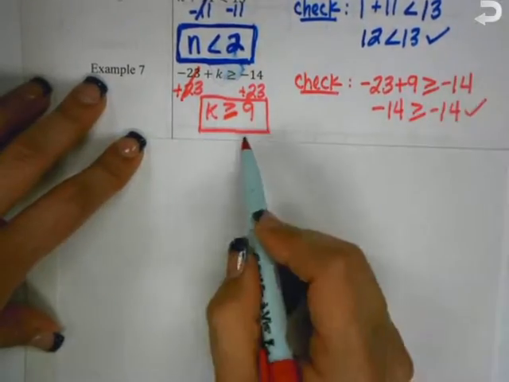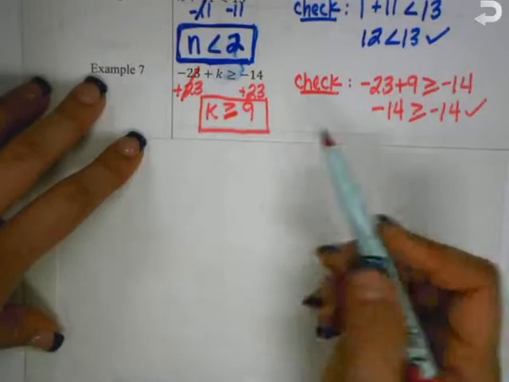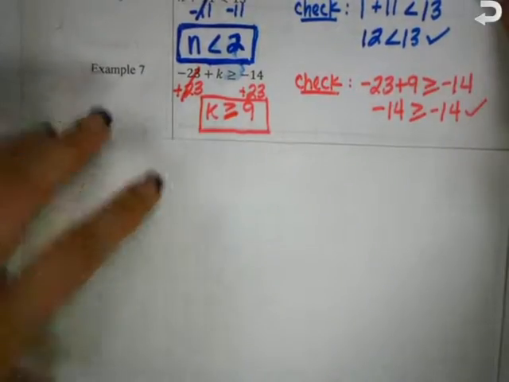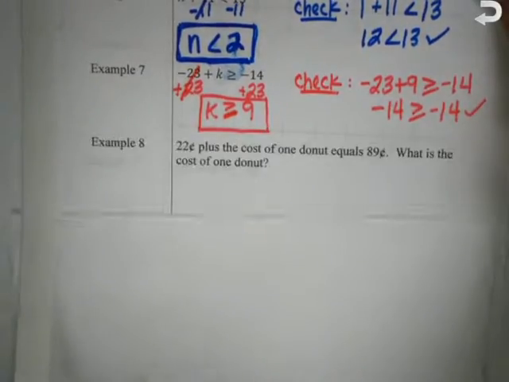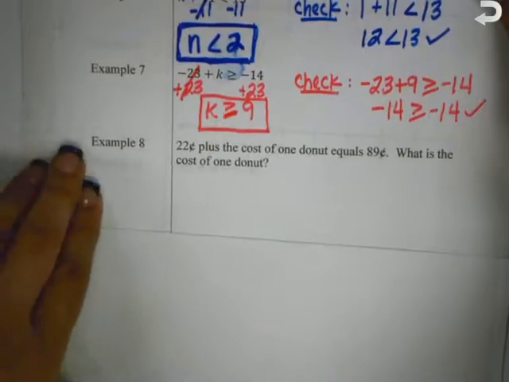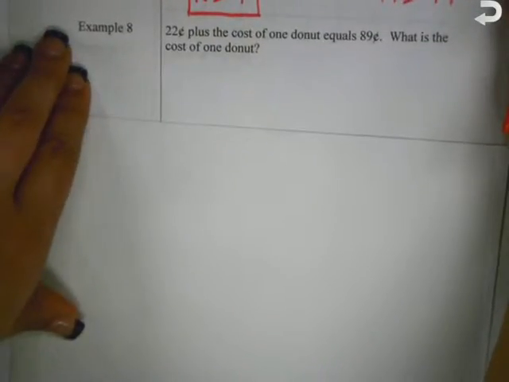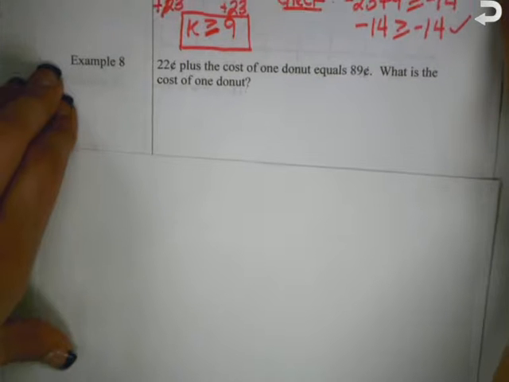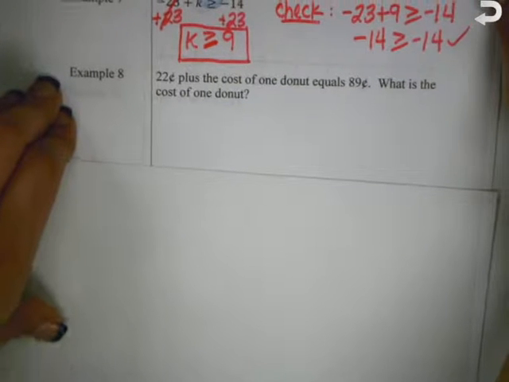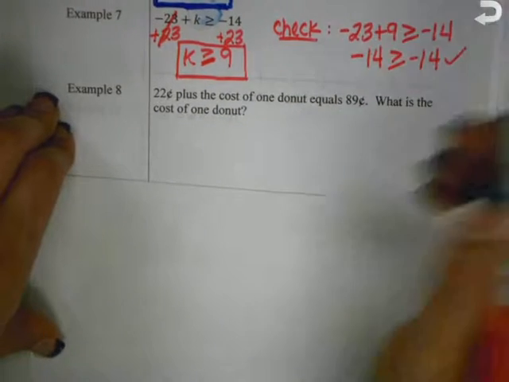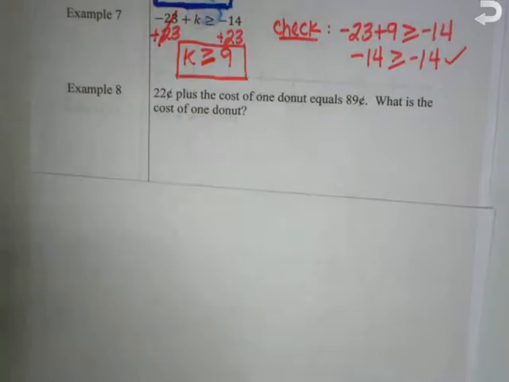Make sense? Okay. So example number 8, word problem. 22 cents plus the cost of 1 donut equals 89 cents. What is the cost of 1 donut? So first we have to translate this.